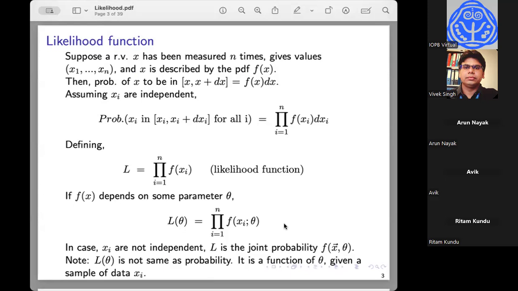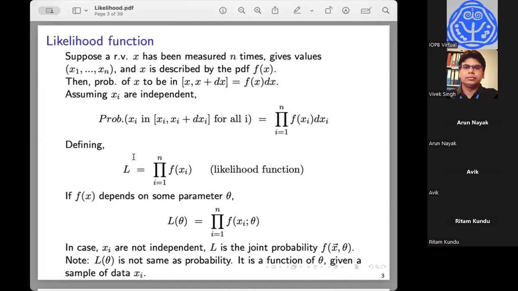Suppose we have a random variable x which has been measured n times, and gives the observations x1 to xn, and x is described by some PDF f of x. Now the probability for x to be between x and x plus dx is written simply as f of x dx, right? Now if we assume that the xi's are independent, then the probability for xi to be between xi and xi plus dxi for all i is again the product of f of xi times dxi, right?